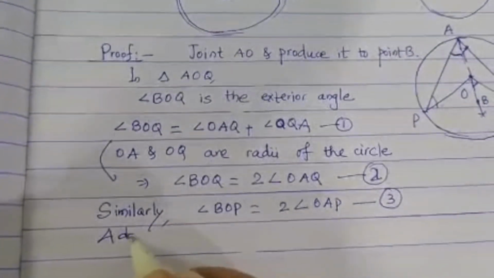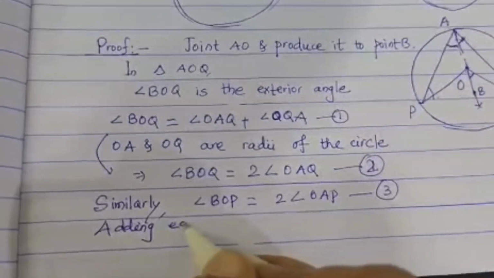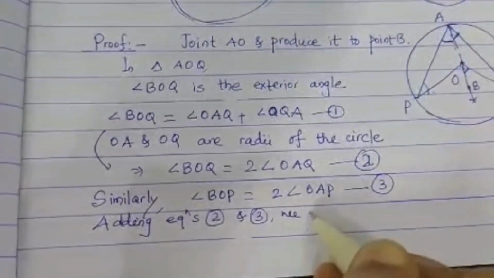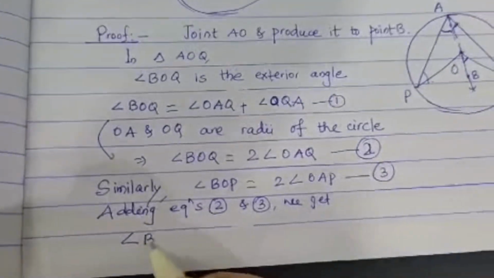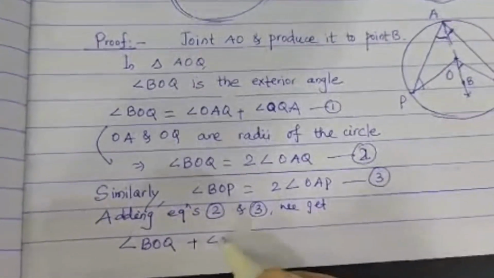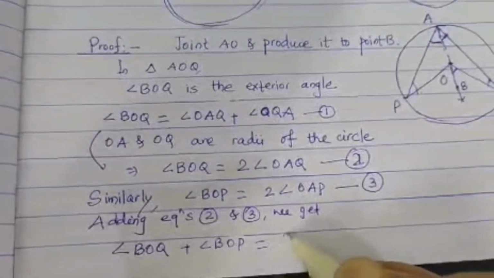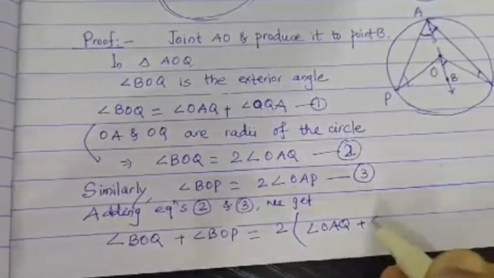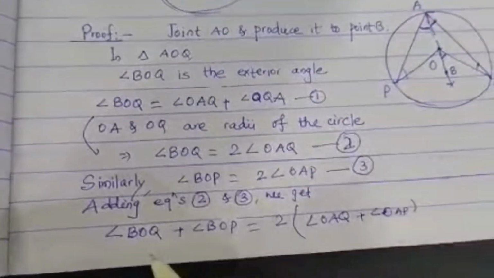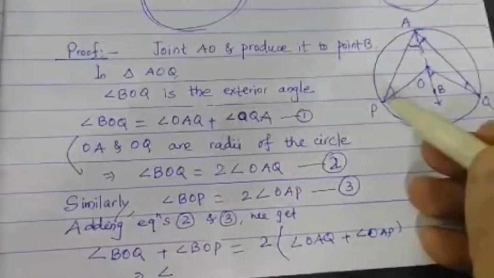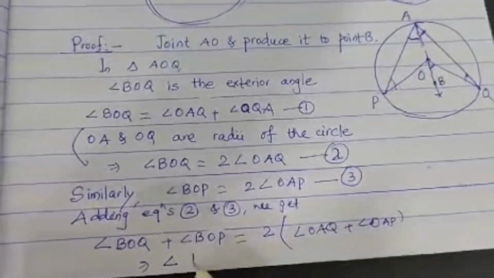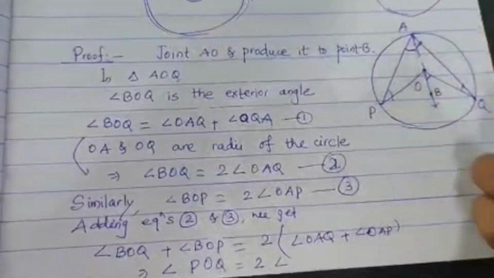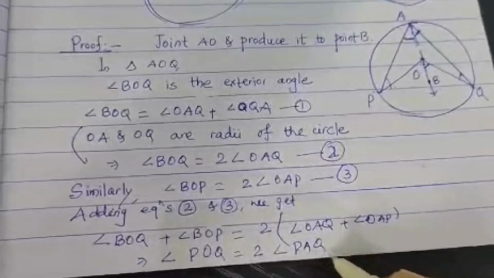Now adding equations 2 and 3, we get angle BOQ plus angle BOP is equal to twice angle OAQ plus angle OAP. This implies angle POQ is equal to twice angle PAQ. Hence proved.